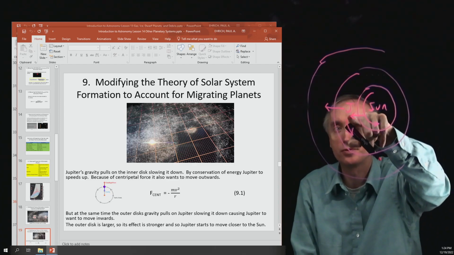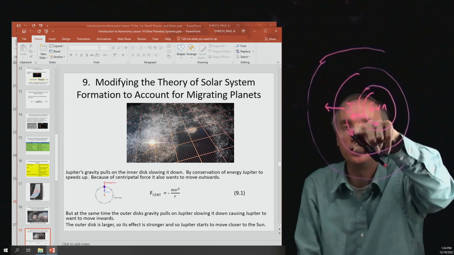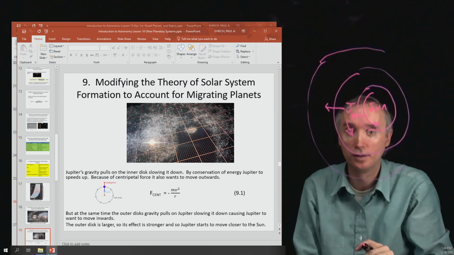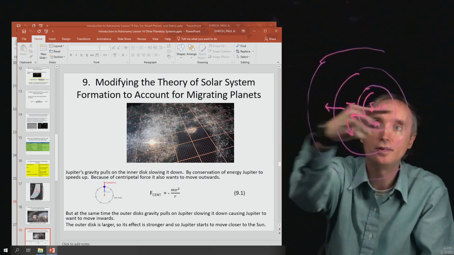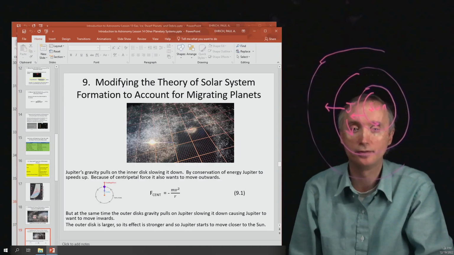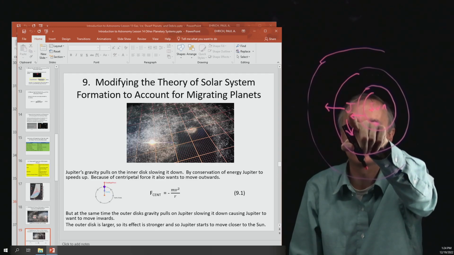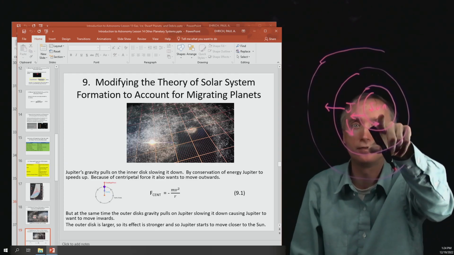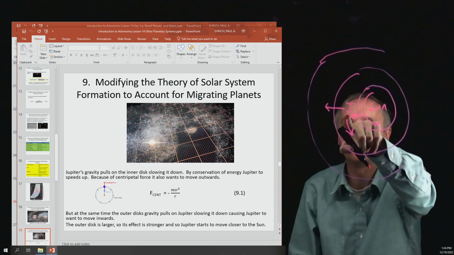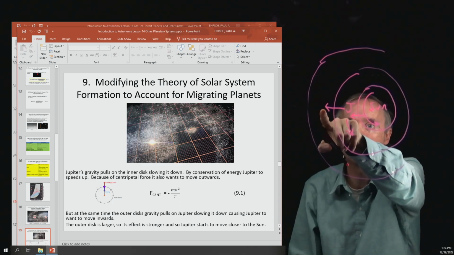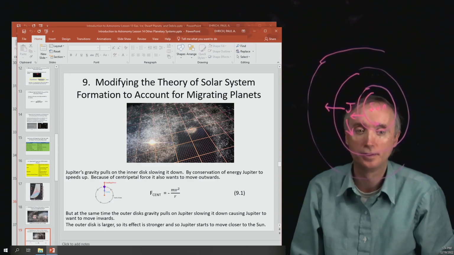So if Jupiter's speed is getting lower, that means it's going to want to go this way towards the sun. So it's got 2 forces acting on it: the force because of its gravity on this disk, and the force because of the gravity of this disk on itself.